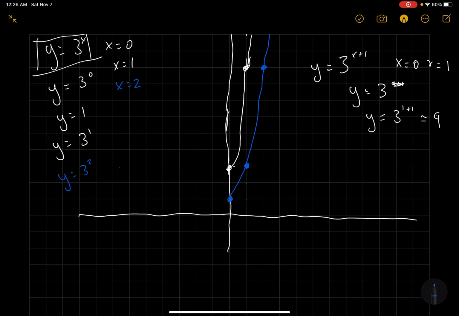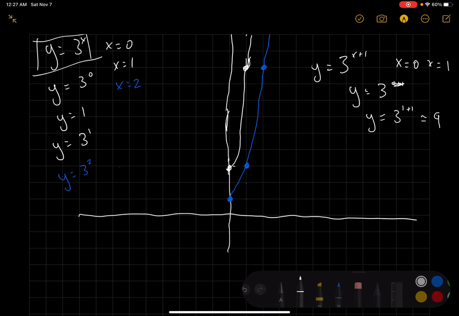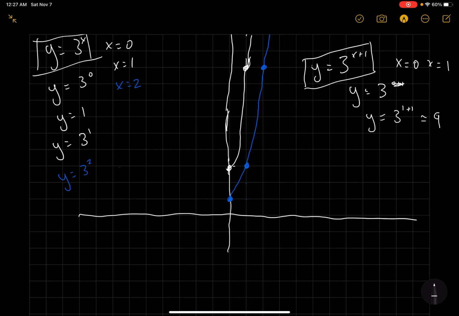with our shift of 3^(x+1), we see our graph was shifted to the left. So 3^(x+1), this white line, our graph was shifted to the left of our original function.